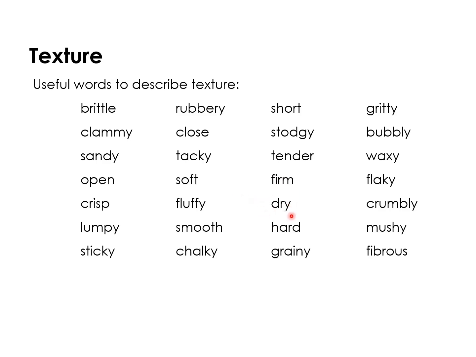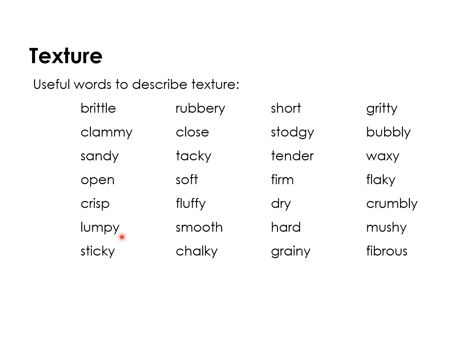So the dry texture is a texture lacking moisture, often feels crumbly or powdery, like stale bread or dry toast. Crumbly is a texture that easily breaks into small pieces, often associated with dry cakes or cookies.